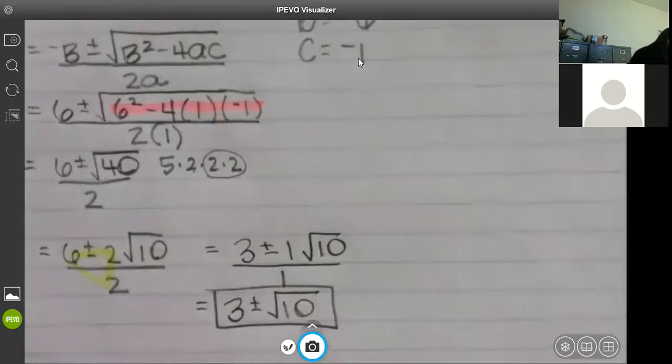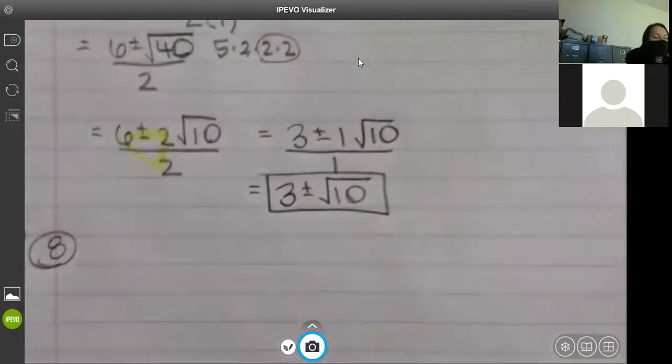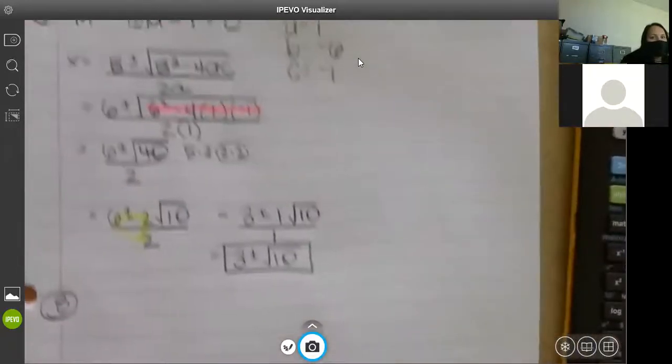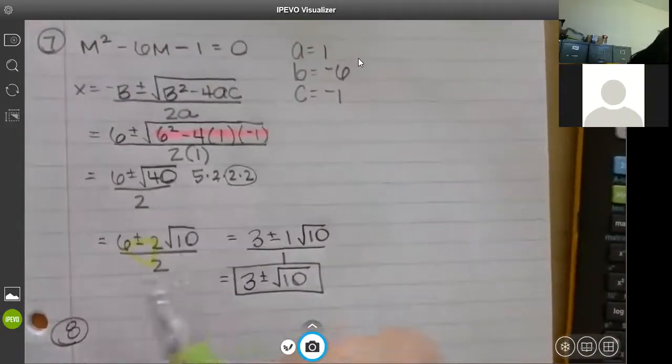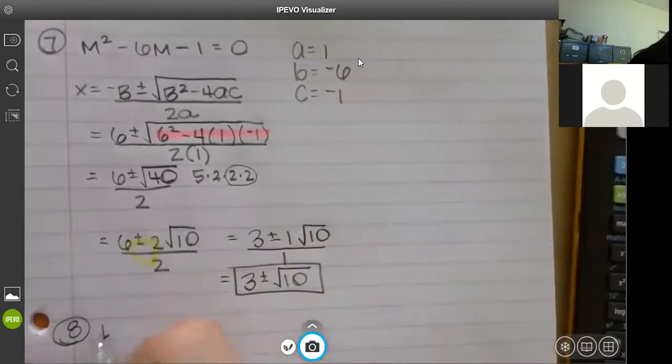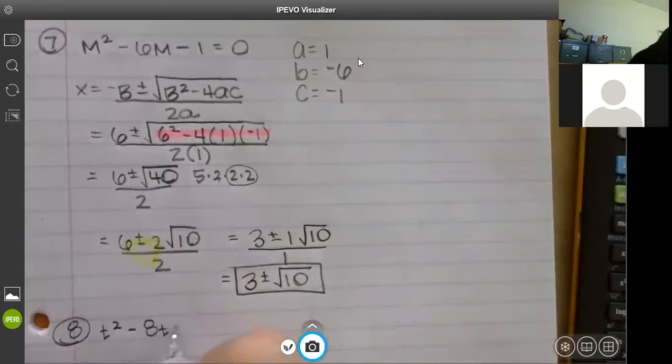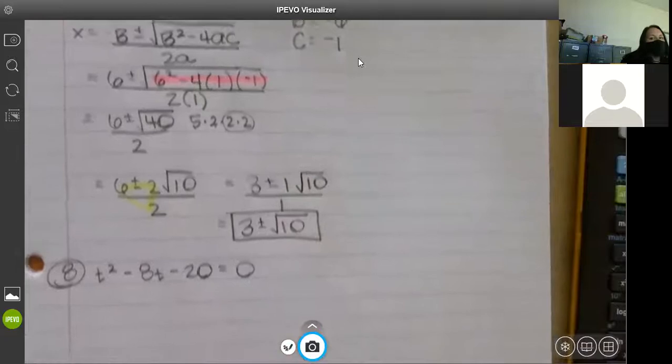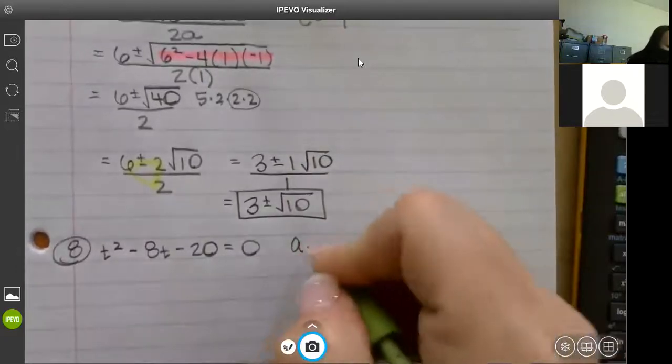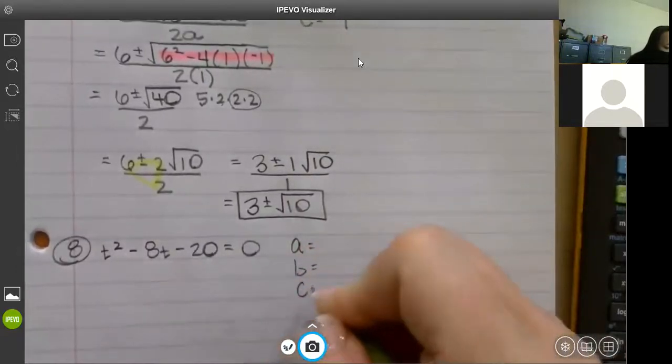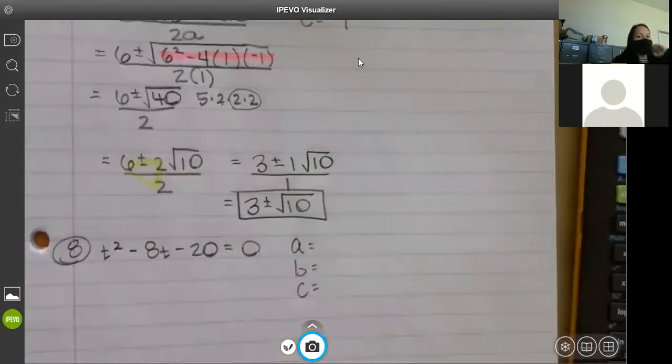All right, look at number 8. And again, I'm just doing these because they're equal to 0 right now. So number 8. Try to get all that up there so you guys can see it. T squared minus 8t minus 20 equals 0. We want it equal to 0. Again, you don't have to write this out every single time. I'm just doing it for your notes.